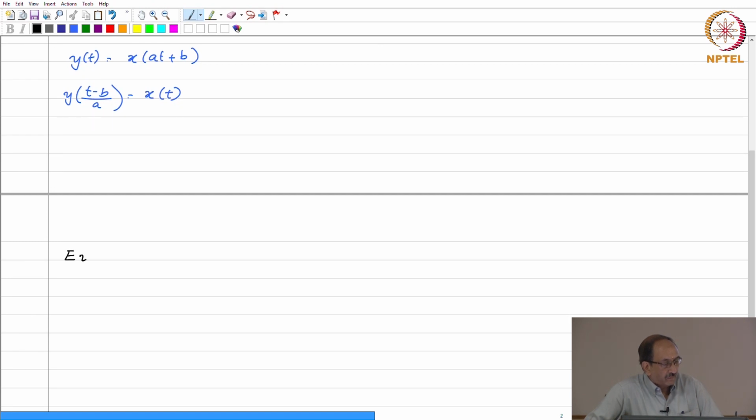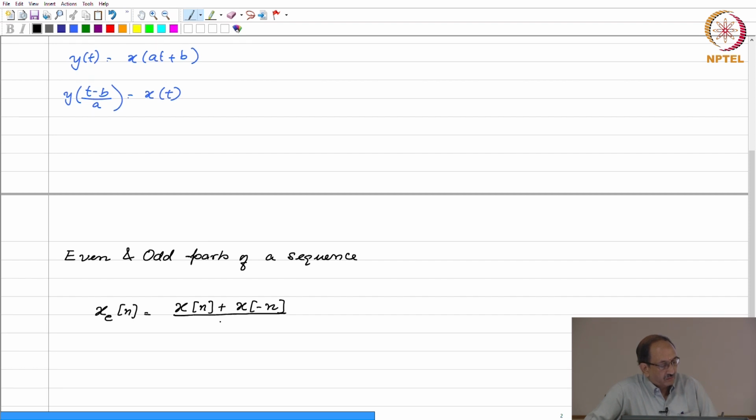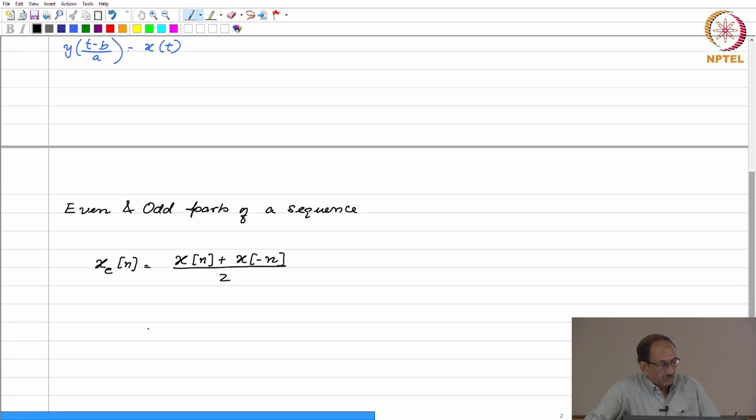So, we will look at even and odd parts of a sequence. x_e of n equals x of n plus x of minus n by 2, and this is very similar to x_e of t being x of t plus x of minus t by 2.